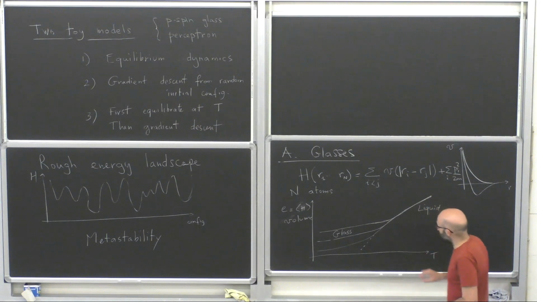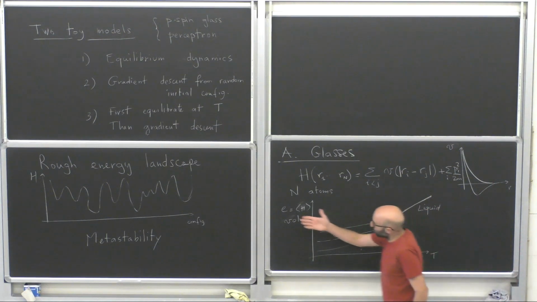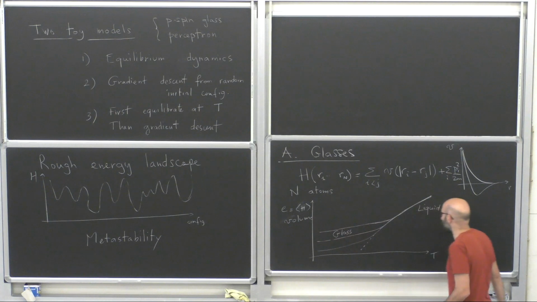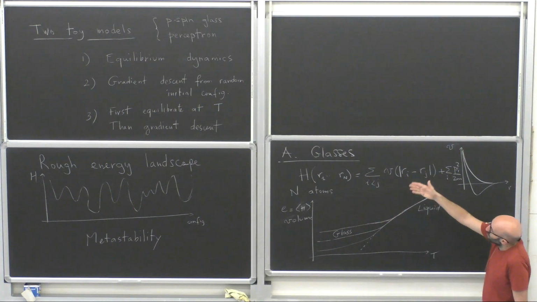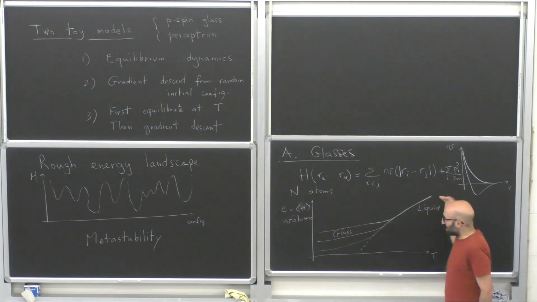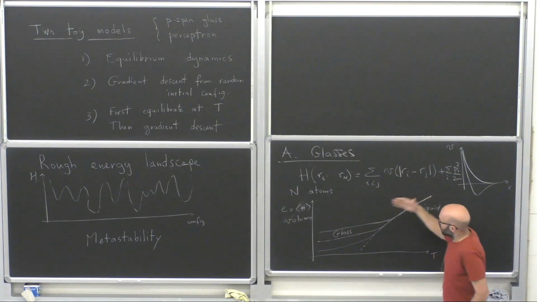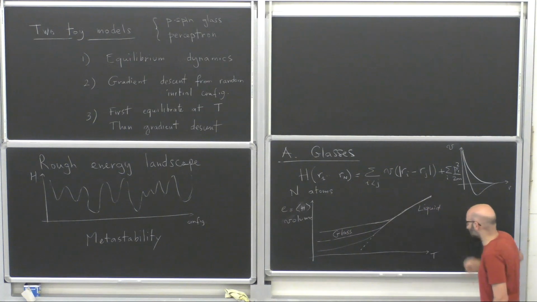So this is an example where you have this kind of situation. You see it in experiments, and then you see that it's interesting to consider, let's say, gradient descent or low temperature dynamics starting from high temperature.